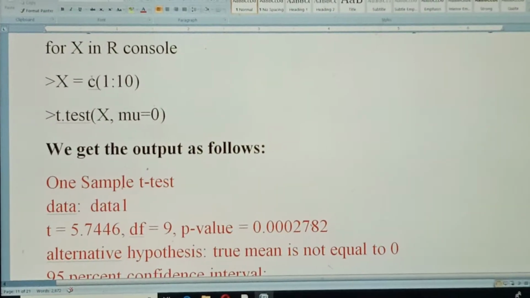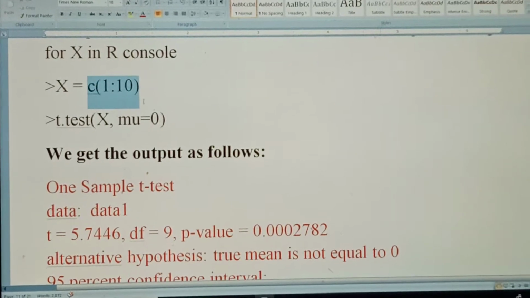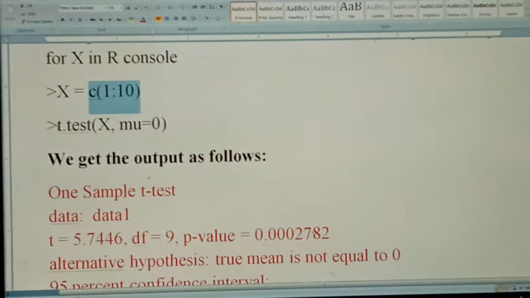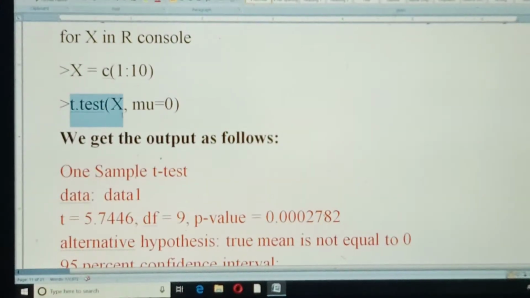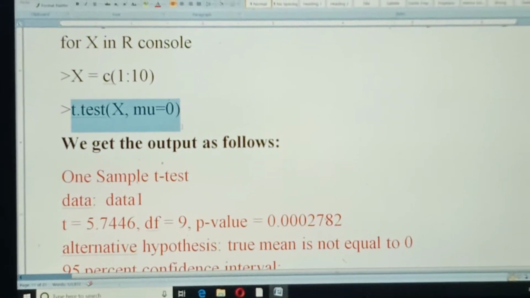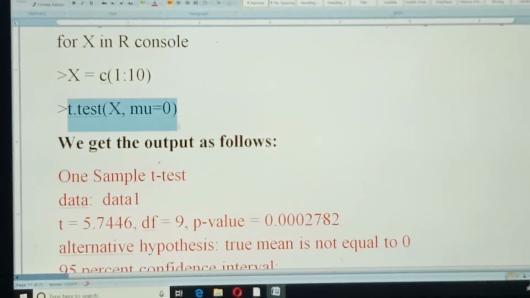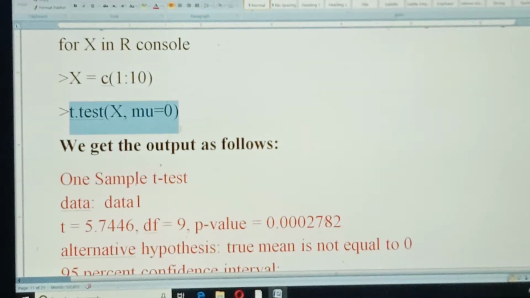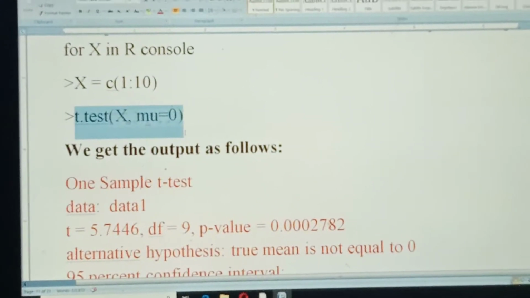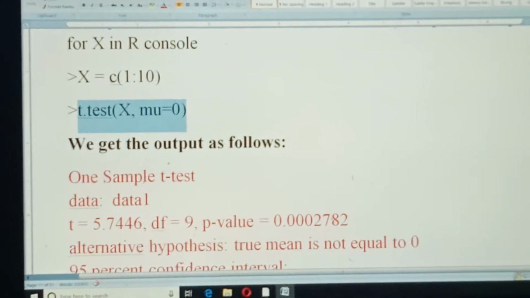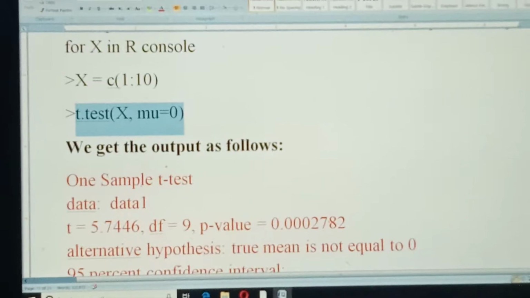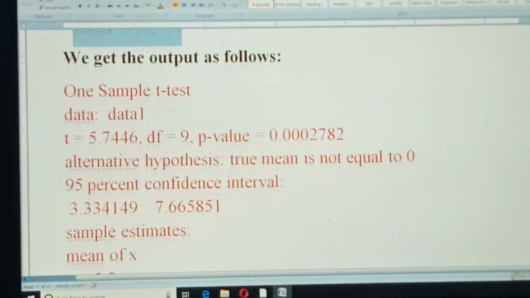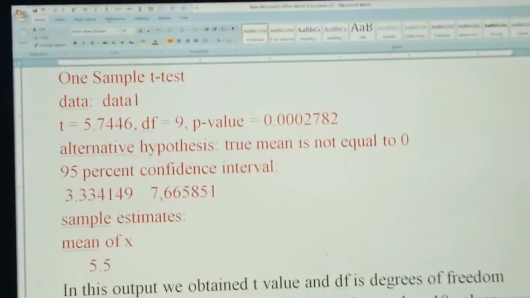Now we can directly get the t-test for this numerical vector by using the R command t.test of x comma mu equals 0. That is, by default we apply mu as 0, and upon doing this we get the output as a one sample t-test that you can observe here.